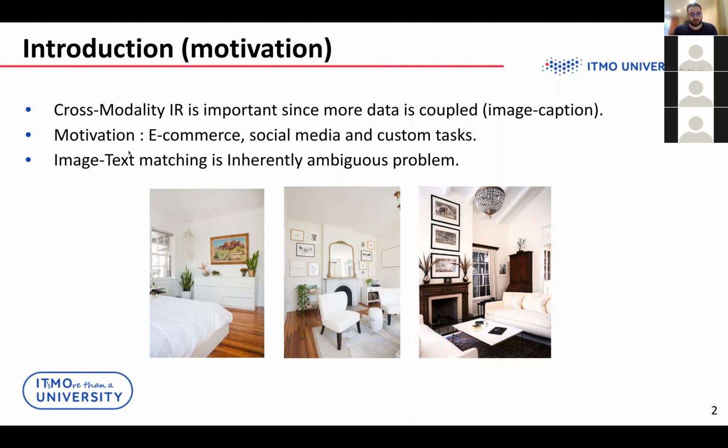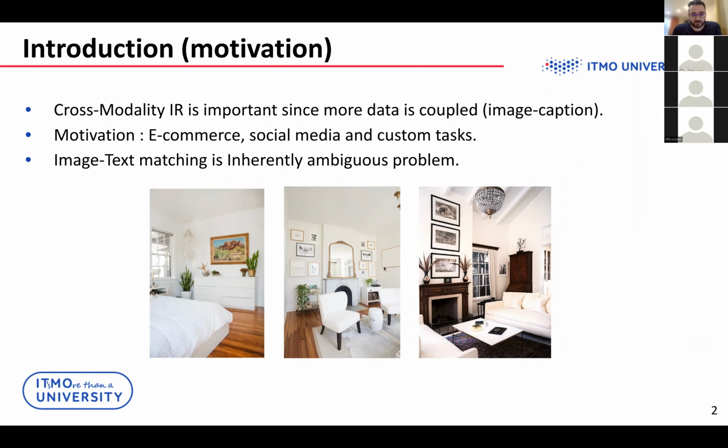The main problem in this kind of system is that image-text matching is an inherently ambiguous problem. If we look at these three images here, we can find a minimum query that describes all three of them. Perhaps white walls, a white room, some white furniture, something like this.